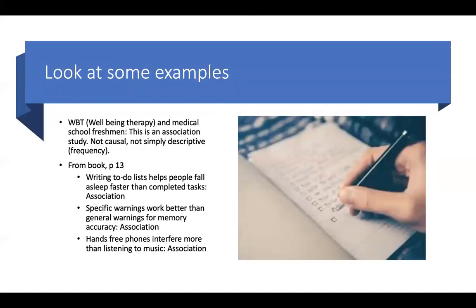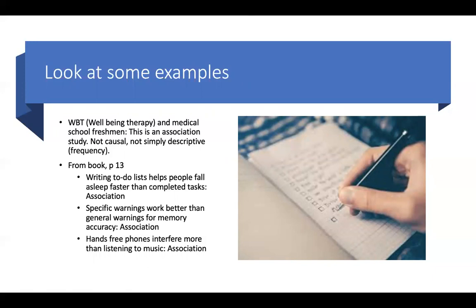Now, last couple, whenever it was, this week, we talked about well-being therapy in our example. Well-being therapy in medical school freshmen. So that was an association study. It's describing, but it's also looking at the connection between the two. If we give you well-being therapy, will that help you? We said, yes, it will. So you'd like it to be causal.